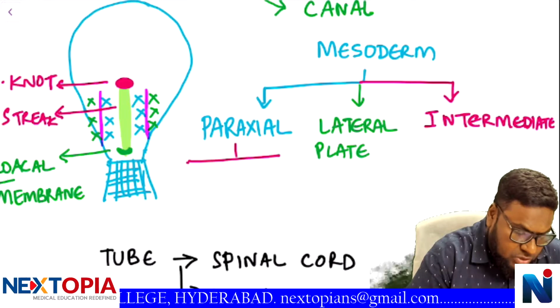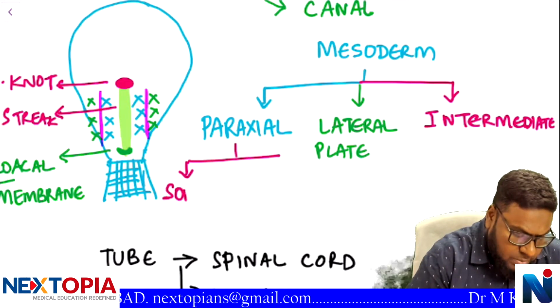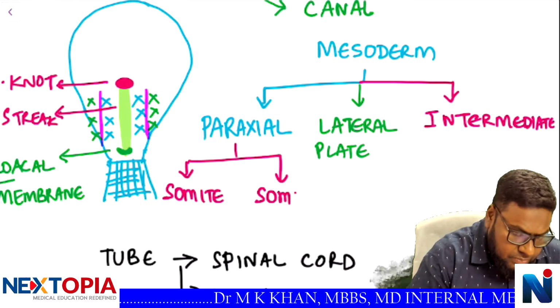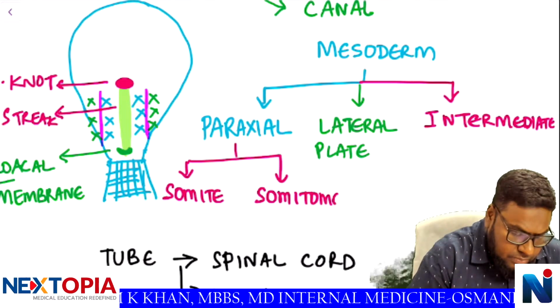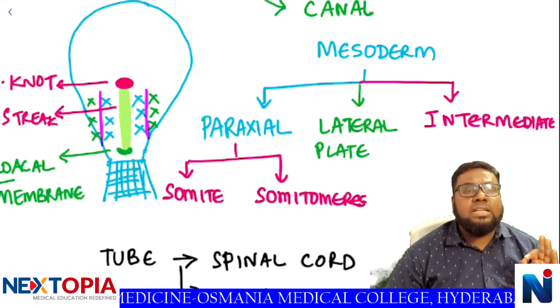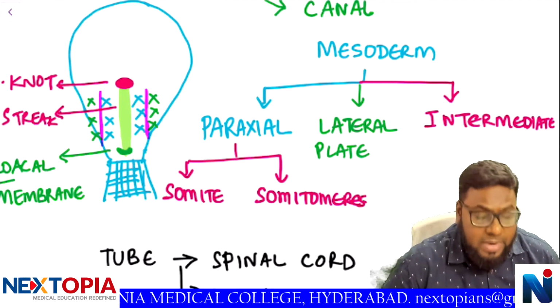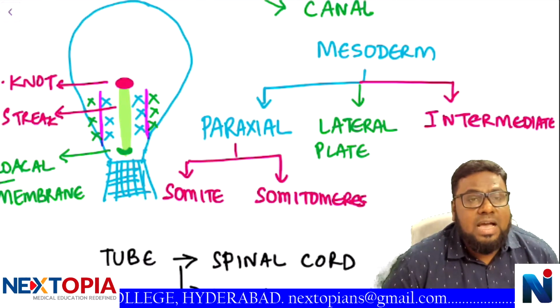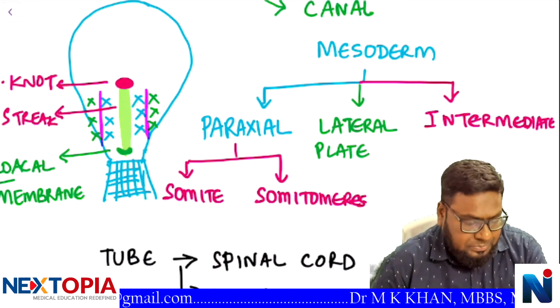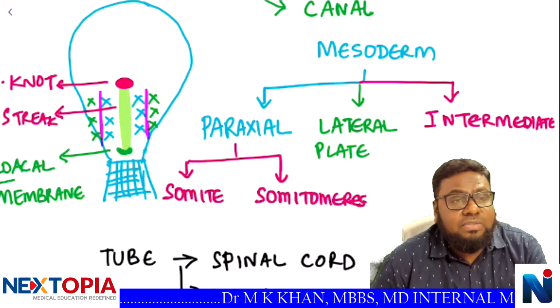So this paraaxial mesoderm divides into somites and somatomeres. There are 7 rounded structures. You are calling it somatomeres. Somatomeres are the cells which lie in the region of the head. All right, there are 7 of these.